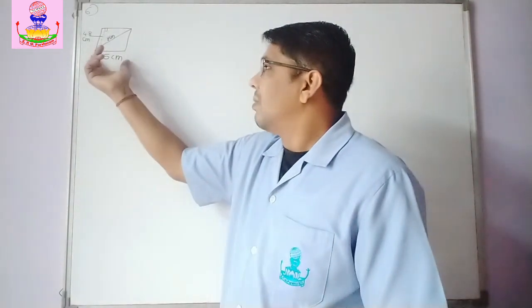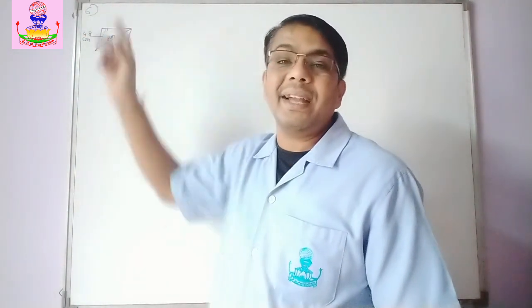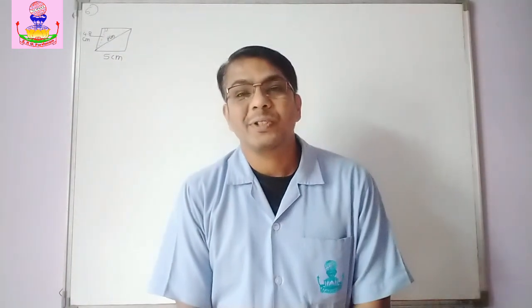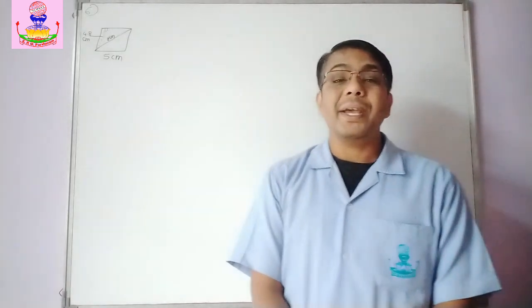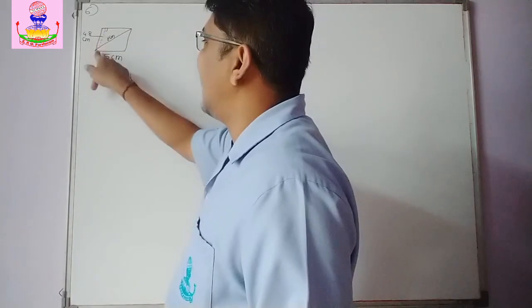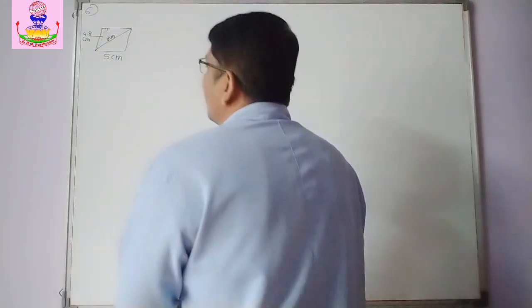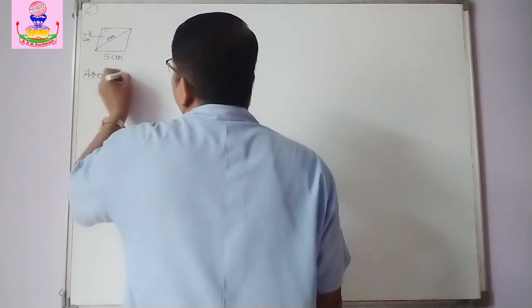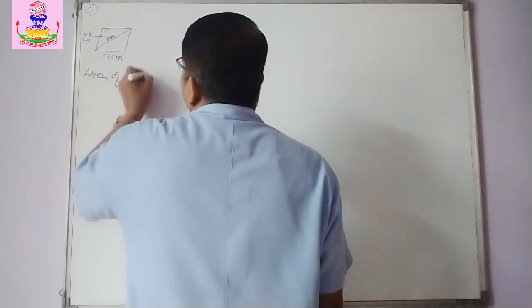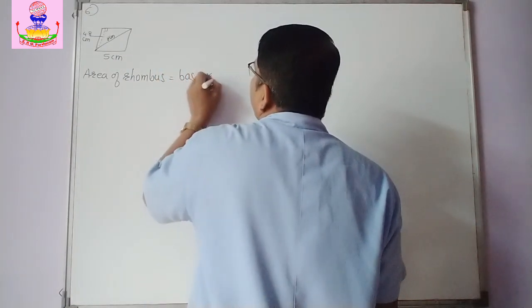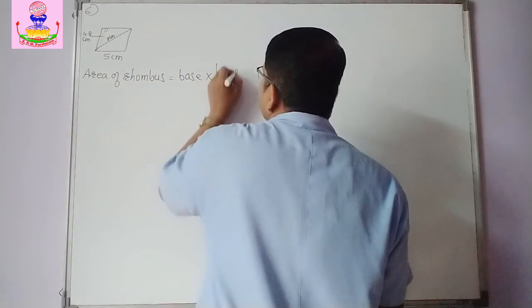Now what is given? The length of one side is given and the height is given. So do I know the other formula for the area of a rhombus? Yes, base into height. So this is the base, this is the height, you can see here. Using that I can find out the area of this rhombus. So area of rhombus is equal to base into height.